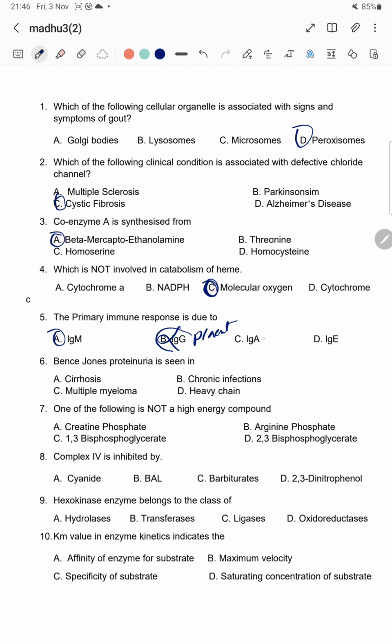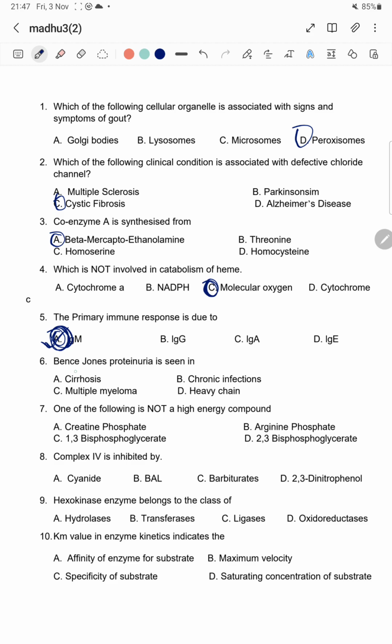IgA, which is present in tears, saliva and so on, is incorrect. And IgE is involved in allergic reactions, so incorrect. The correct answer is IgM. As soon as the antigen enters, IgM is released into the blood and destroys the antigens as soon as they enter.